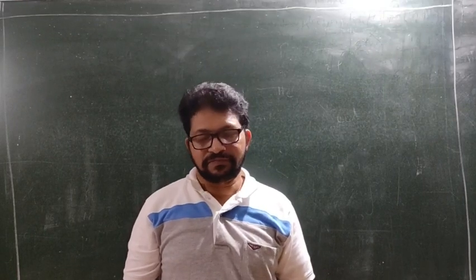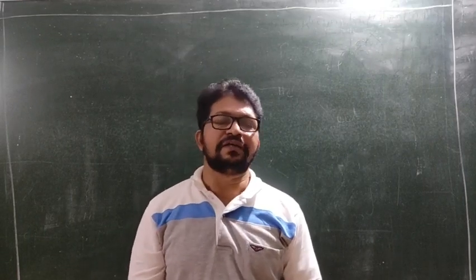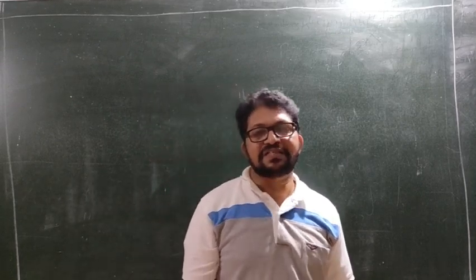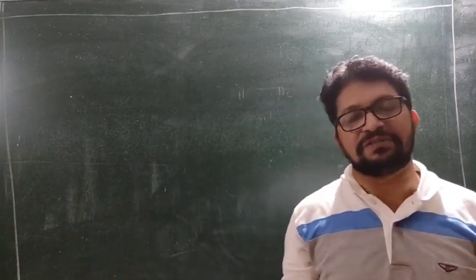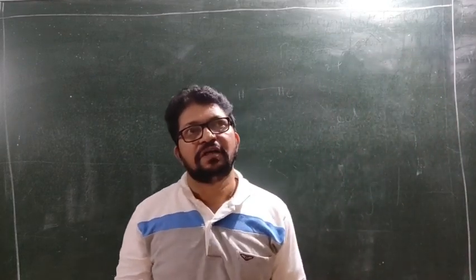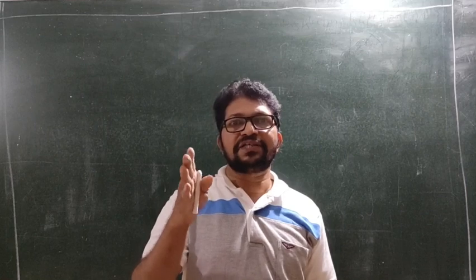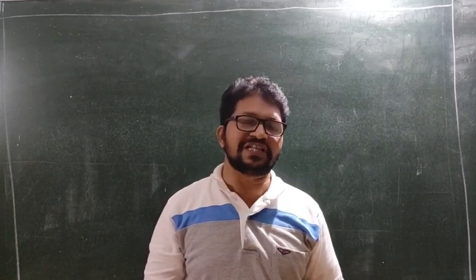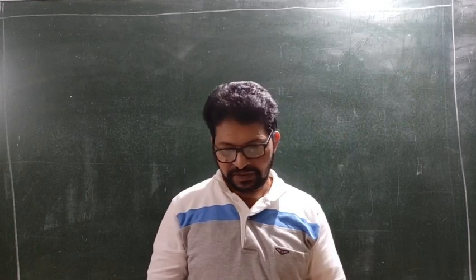Good morning, students. In the previous class, we discussed Bohr's model of atom, is it not? Postulates of Bohr's theory and application of the Bohr's theory to explain the emission line spectrum of hydrogen.